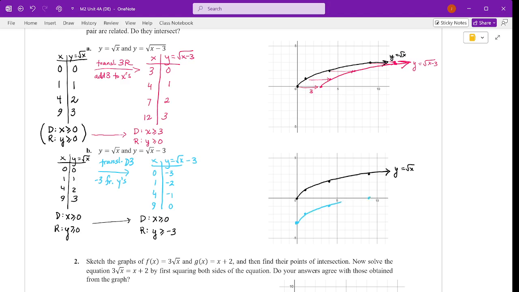And if you think about what this one is, it's the same as the black one, but exactly 3 units down everywhere we go. So you can pick any point, go straight down 3 units, and you get the other point, its corresponding point. Okay.